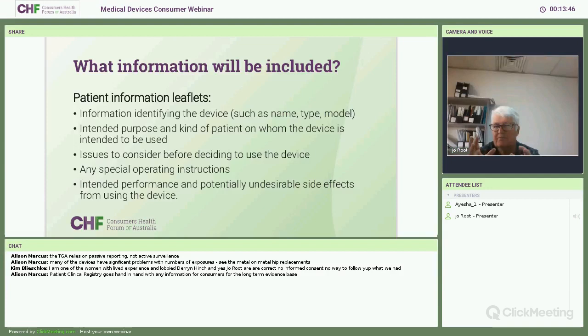I think this leaflet is designed for the consumer, so in the work that we're going to be doing at CHF on this for the TGA, we want to know what other information people might find helpful, and how we present that information.